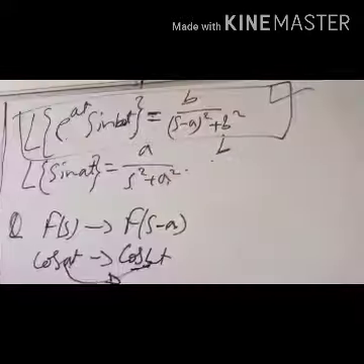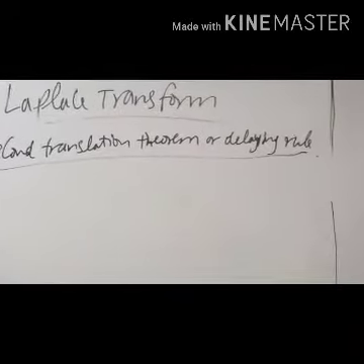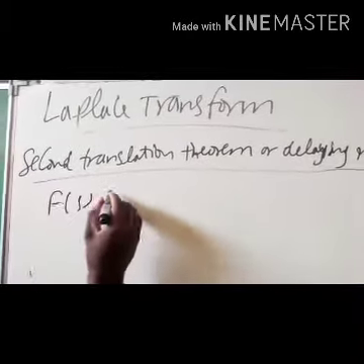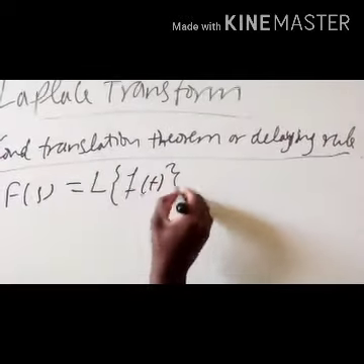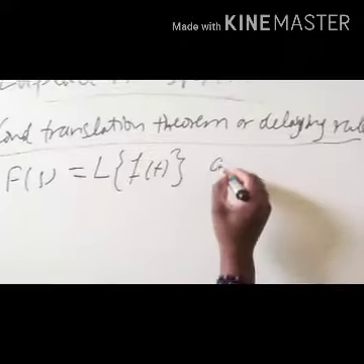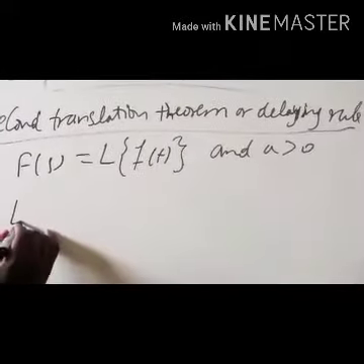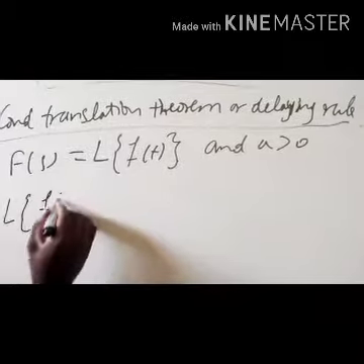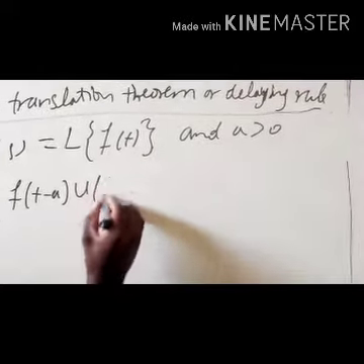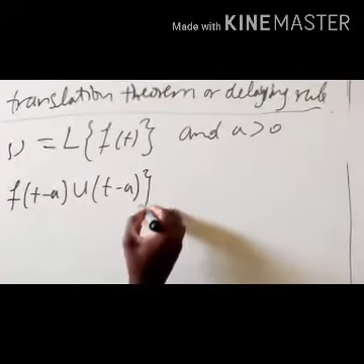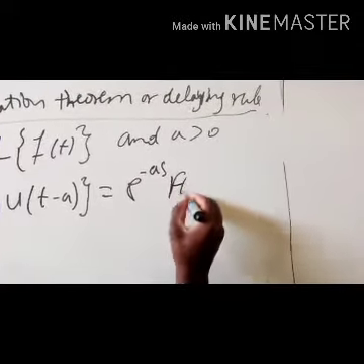Now we know the second translation theorem, or delaying rule. F(s) is equal to the transform of f(t), and a must be greater than 0. This means the transform of f(t − a) u(t − a) must be equal to e^(−as) F(s).